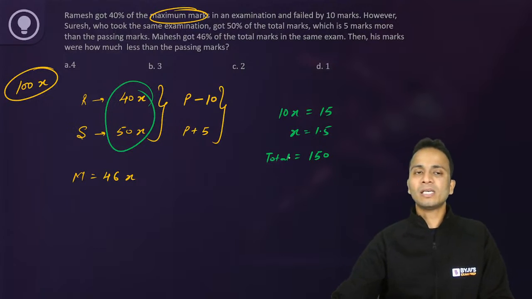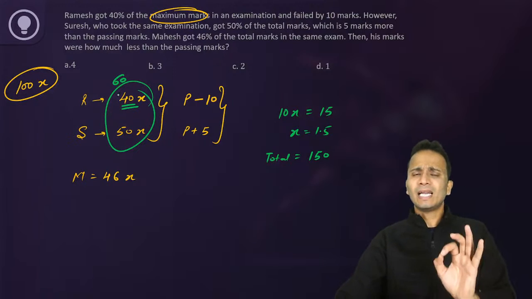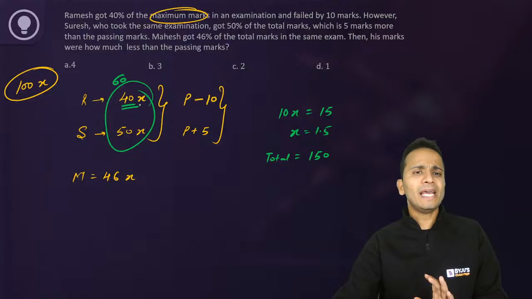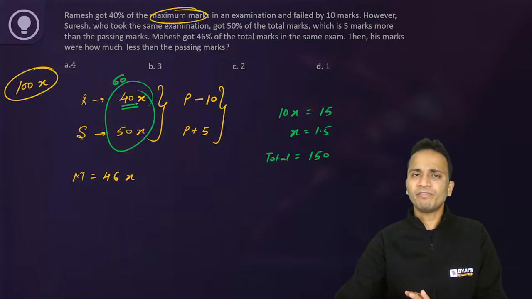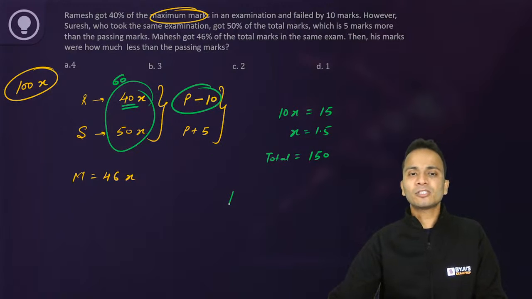So if total marks is 150, the score of Ramesh will be equal to 60, right? 40 multiplied by 1.5 is 60, which is 10 less than the passing marks. So the passing marks will be 60 plus 10, that is 70.